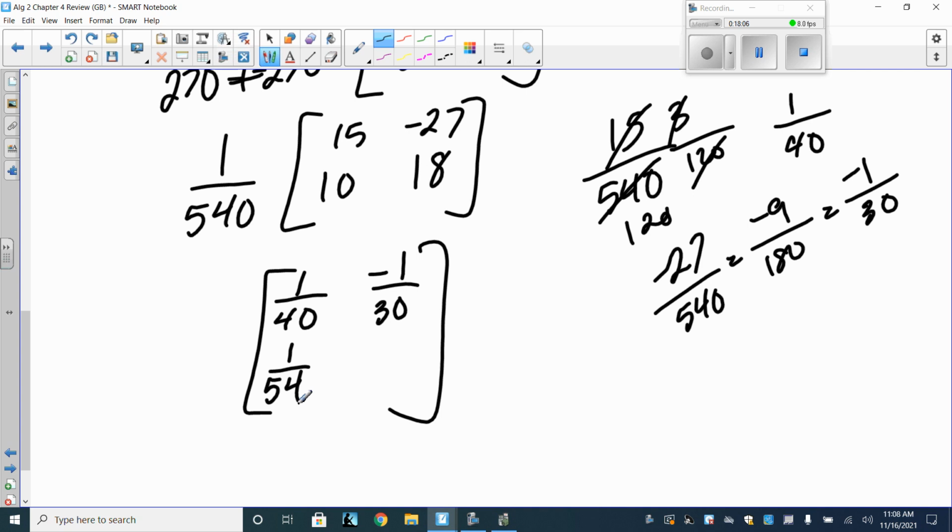And the last one is going to be 18 over 540. Well, 9 can go into 540, which would be 60, which is 1 over 30.